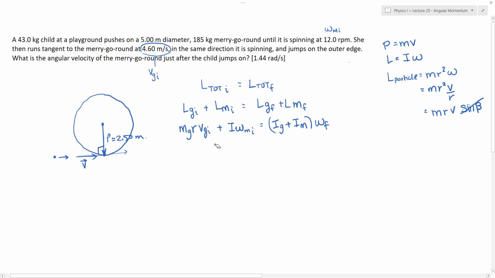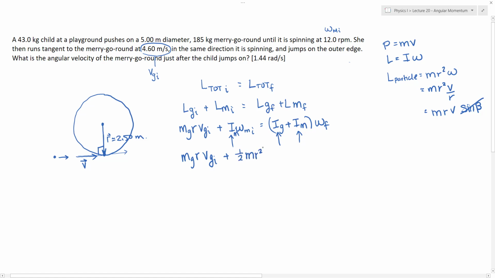So let's start to plug in what we know. I'm just going to simplify these I values first. Okay, so I have mass of the girl, r, the radius, velocity of the girl initially, plus I, so this is the moment of inertia of the merry-go-round, which is a disk, 1/2 mr squared.